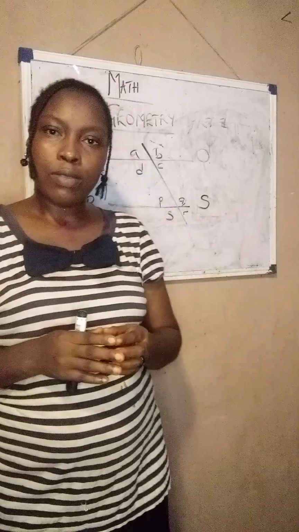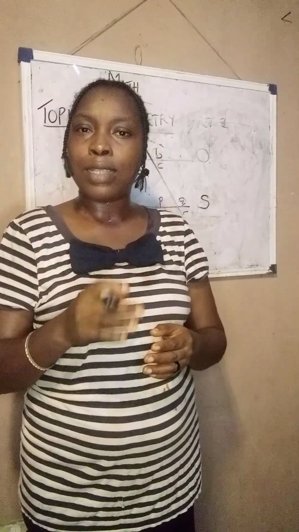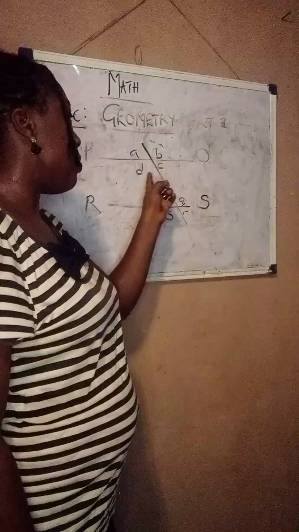That takes us next to parallel lines. What are parallel lines? Lines that can never meet are said to be parallel lines. Now we have a line that actually bisects two parallel lines, and we call that a transversal, as seen on the board.